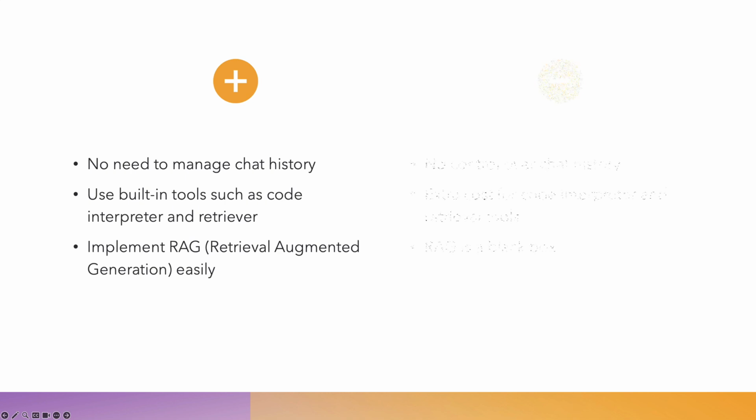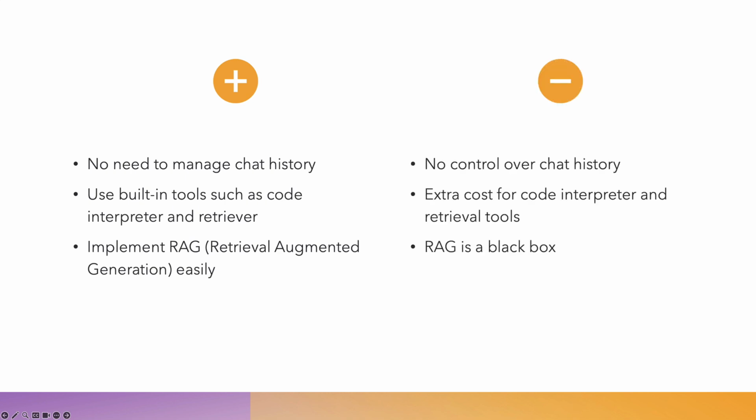Now, there are some drawbacks to this as well. First of all, today there's no real control over chat history and it can fill up your entire token limit of the model, and that can become quite costly if you have longer and longer conversations with quite a lot of users. There's also an extra cost involved to run Code Interpreter and retrieval tools, and depending on your application and how it is used, that can be significant.